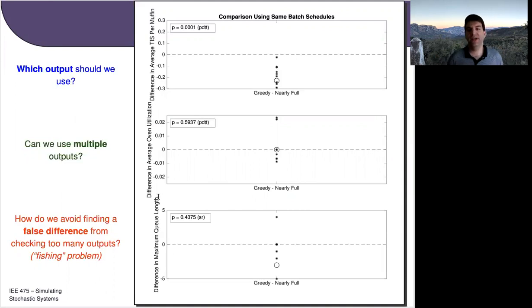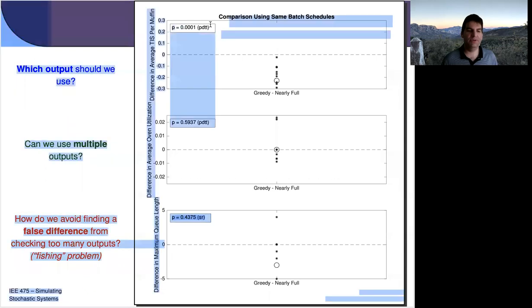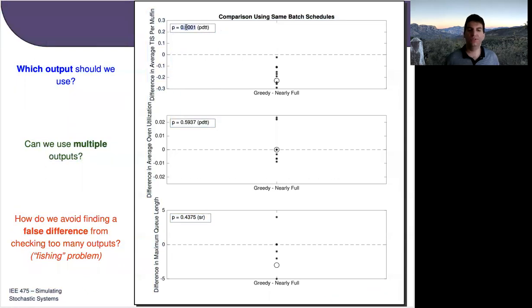These are three different outputs that we can take from each simulation. And so then the question is, which one do you use? Some of them, like this average utilization up here, show a statistically significant difference, but the other two do not. So if you just happen to choose one of the other two, you might have said that, well, these two muffin schedules are identical.